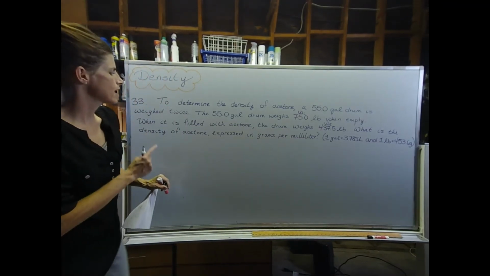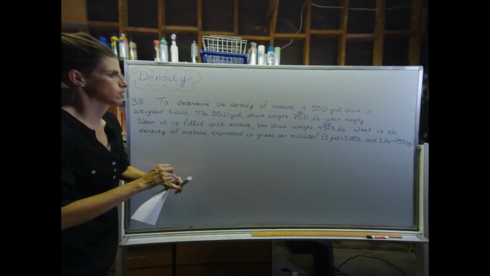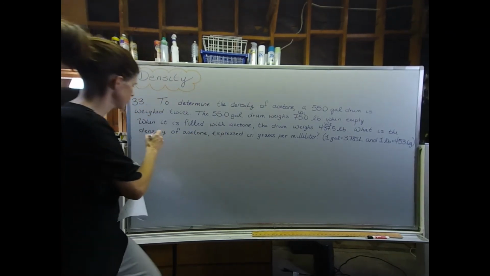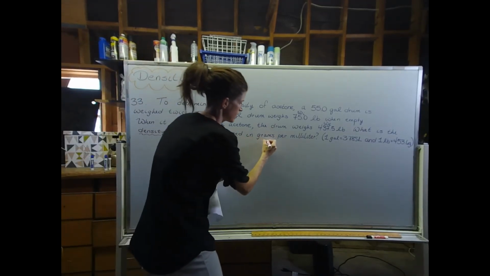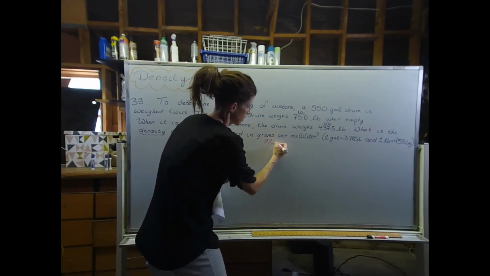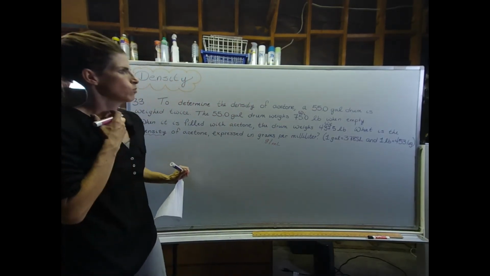What is the density of the acetone expressed in grams per milliliter? Alright, so we're looking for density, and we need it to be in grams per milliliter. Okay, lots going on here. I do need volume.